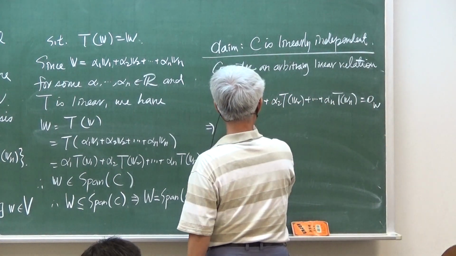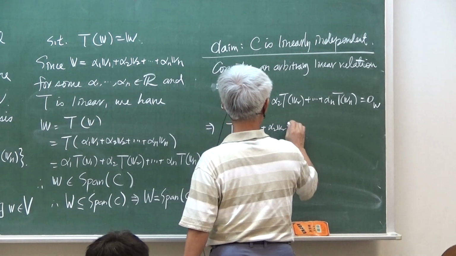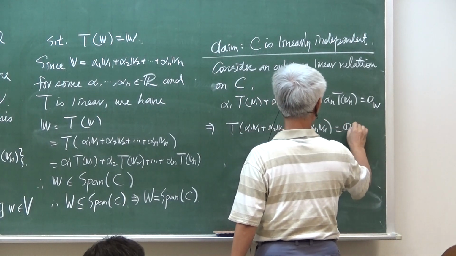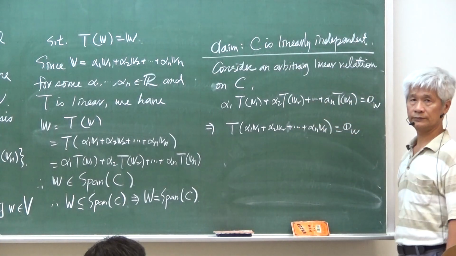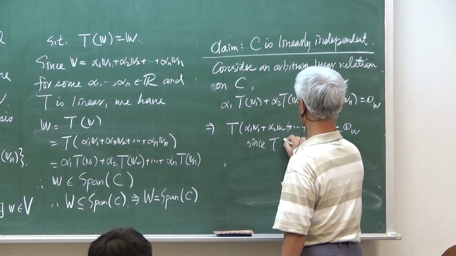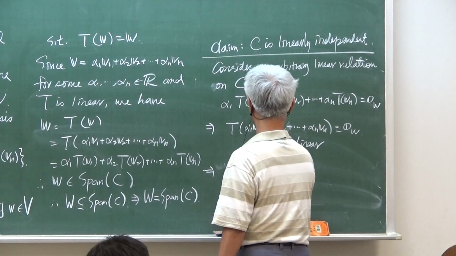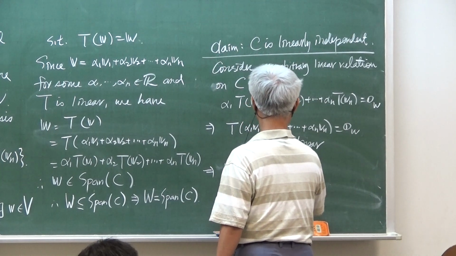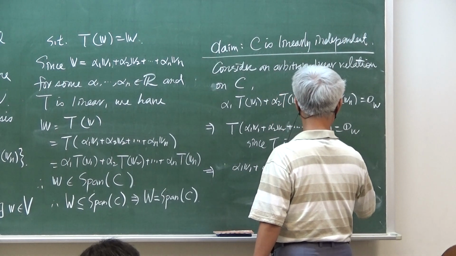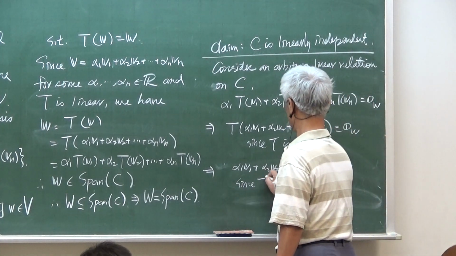And that means that t(alpha 1 v1 plus alpha 2 v2 plus ... plus alpha n vn) equal to 0, since t is linear. And now this implies that alpha 1 v1 plus alpha 2 v2 plus ... plus alpha n vn equal to the 0 vector, since t is 1 to 1.